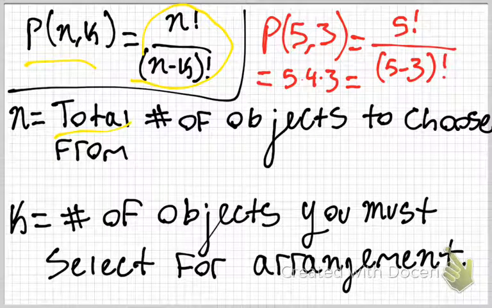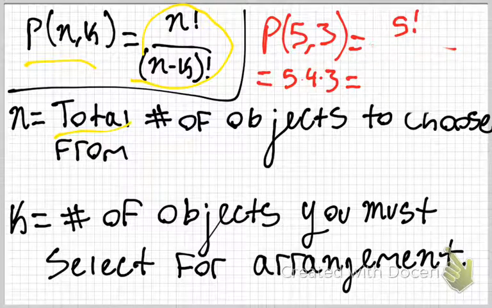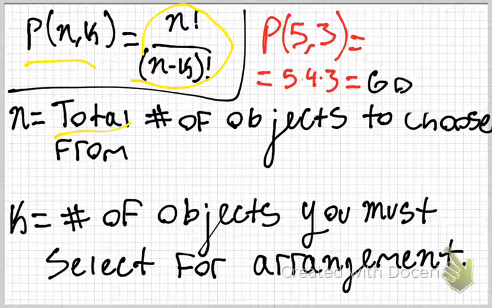And 5 times 4 times 3 is equal to 60. All right, you get the picture.